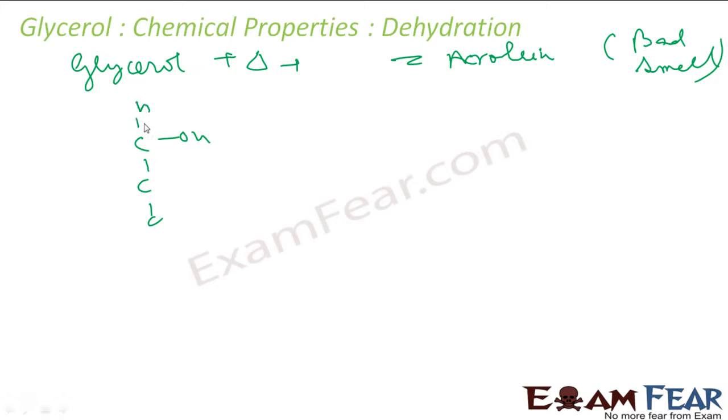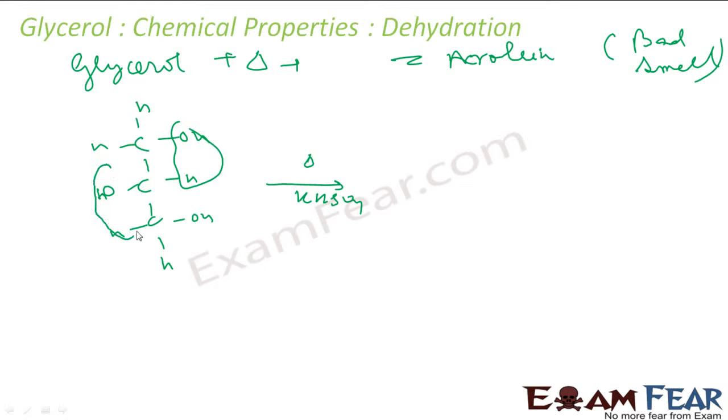This is my glycerol. Right? So if you heat this with, let's suppose, KHSO4, so 2 H2O is gone. One from here, one from here. And what you get is CH2=C=CHOH.